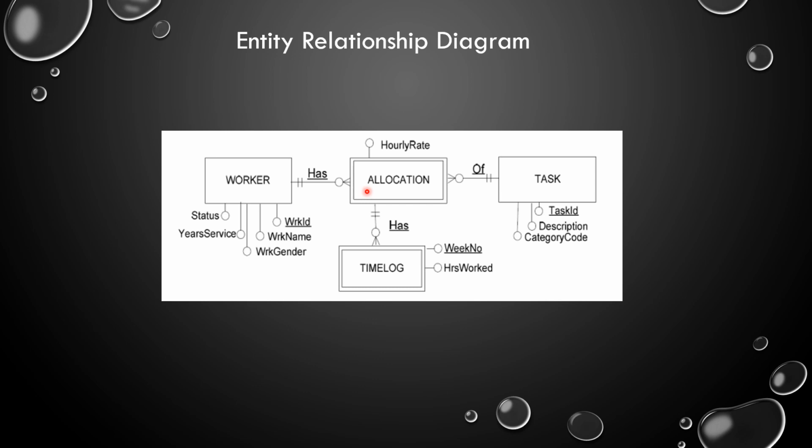Allocation has two borrowed identifiers from worker and task entities and you can recognize it because the relation name is underlined like this. Therefore, the allocation's primary key become work ID and task ID. Timelog's borrowed identifier is the primary key of the allocation, so its primary key become work ID, task ID and week number.